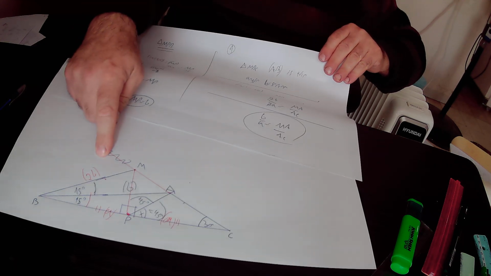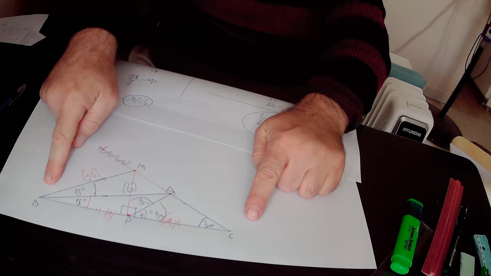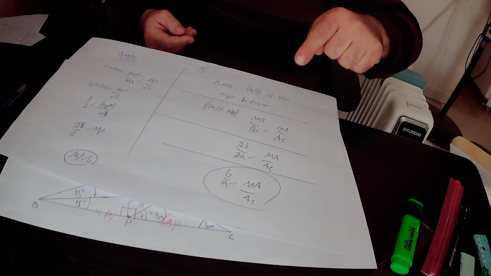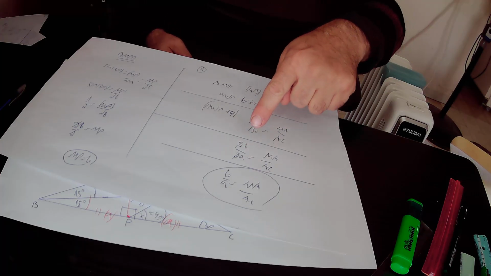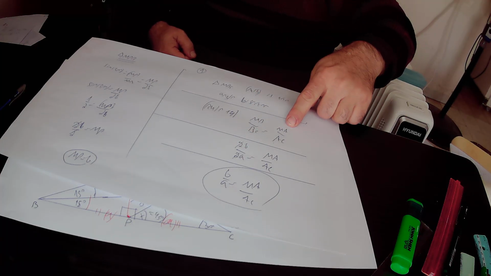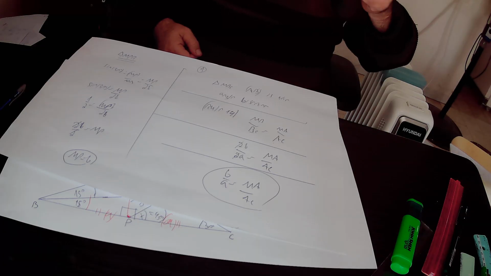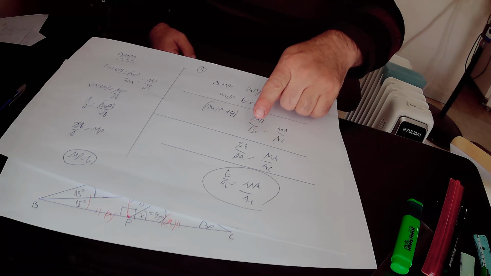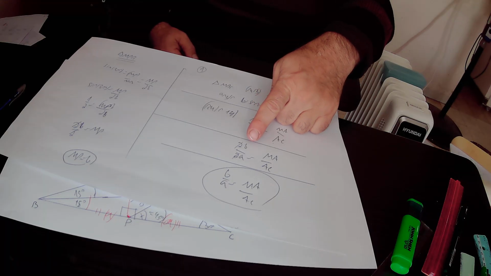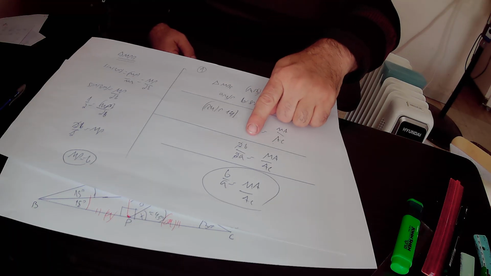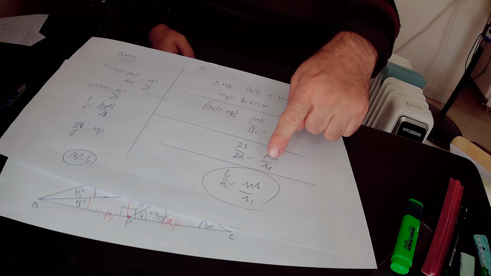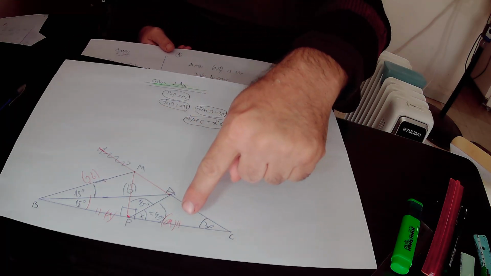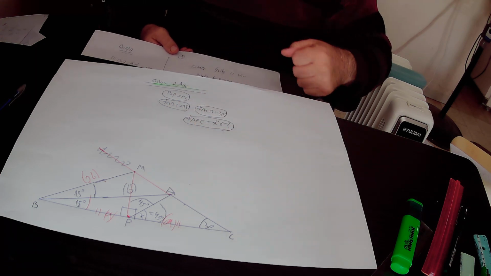MB is 2B and BC is 2A, and it equals MA over AC. So in total we found that 2B over 2A equals MA over AC. We have 2 in the denominator and 2 in the numerator, so the 2 gets cancelled, and we found that B over A equals MA over AC.